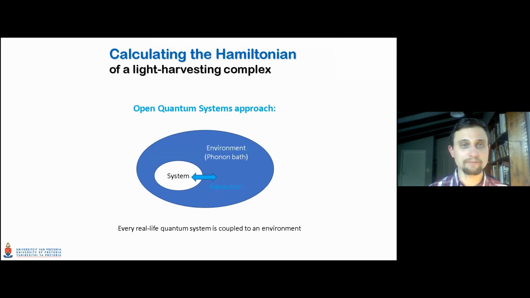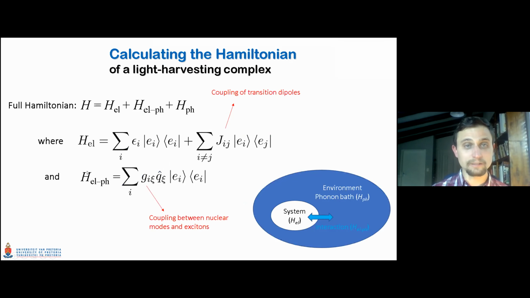A lot of approximations have to be made, but it can be done using an open quantum systems approach, where the system of interest, say the excitations, that is your system here, interacts with the environment, which is the phonon bath, that is all the vibrations in the system. Fast vibrations, slow vibrations, all of that. So you have the interaction between the system and the environment. And the full Hamiltonian will then be simply, well, let's say simply, you divide it up between the system and the environment, and then the coupling between the two.